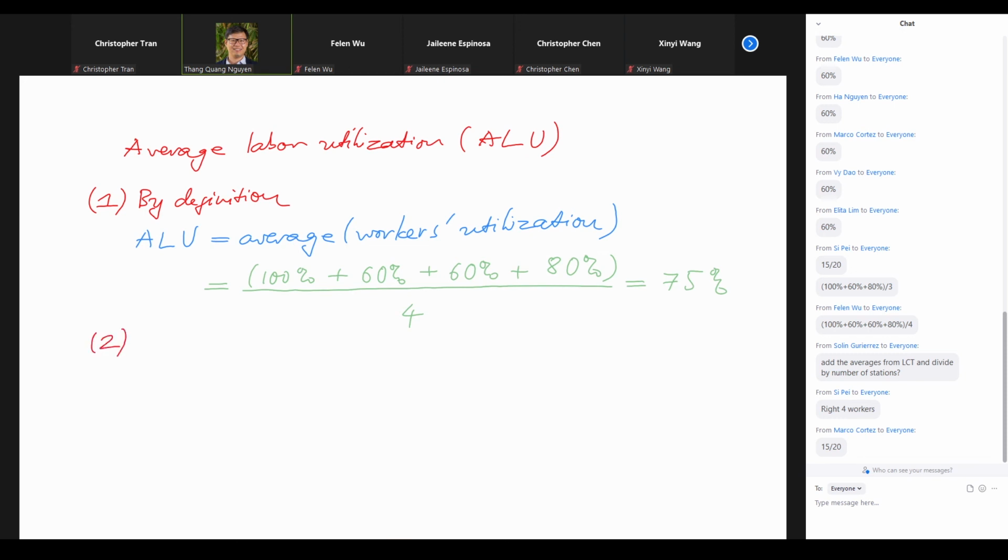Another equation that you see in the book: the average labor utilization equals the labor content divided by the labor content plus the total idle time, right? This equation can be easily understood as follows. We take the labor content divided by the total paid time.